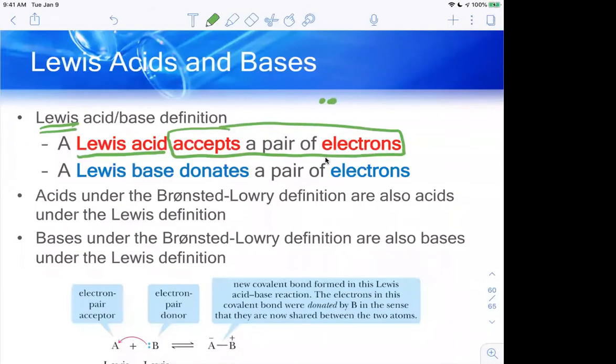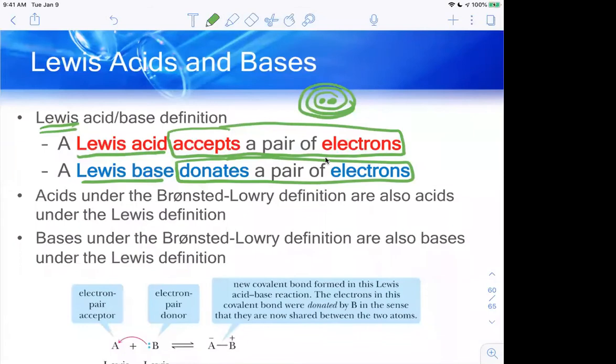I'm accepting a pair of electrons, and the Lewis base donates a pair of electrons. Acids under the Bronsted-Lowry definition are also acids under the Lewis definition, and bases under the Bronsted-Lowry definition are also bases under the Lewis definition. But this now has a different perspective because I'm looking at where this lone pair is.